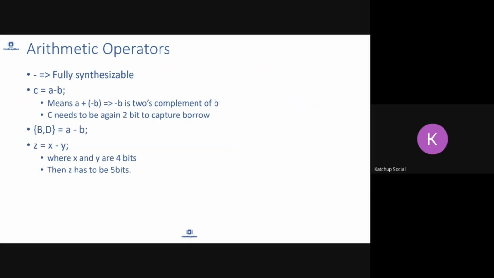Then there is the other operator, minus. C is equal to A minus B. This is again fully synthesizable. As we know, A minus B just means A plus minus B, where minus B is the 2's complement. Again, if these are 1 bit, C needs to be at least 2 bits to capture the borrow as well.